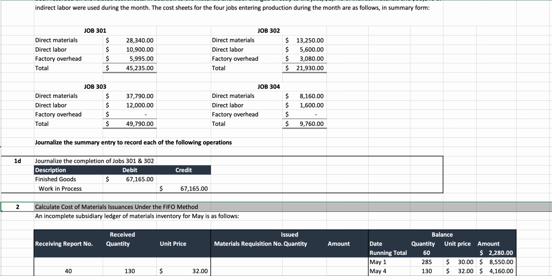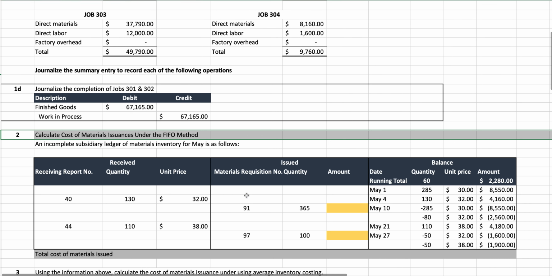Or did the company that you're working for choose a different inventory cost assumption? Maybe they use average costing, or they use specific identification, where they can actually identify which material they're using and how much that one piece cost. So each one of your different inventory costing assumptions impacts how much product cost you report. All right, let's go ahead and step through it so that we can see what this looks like.